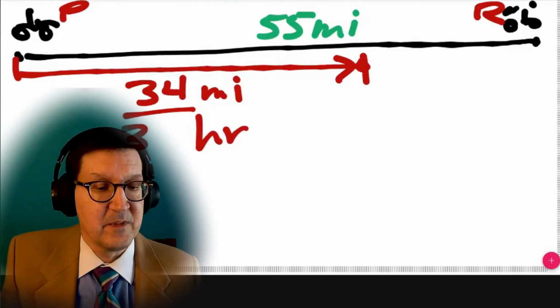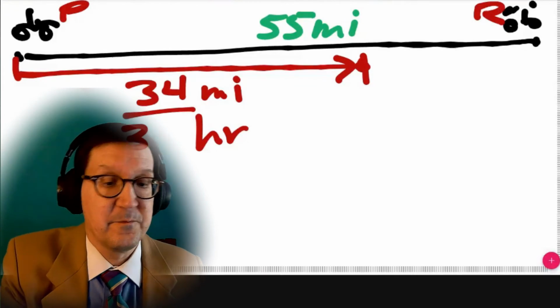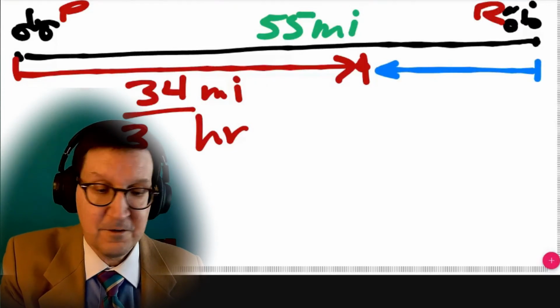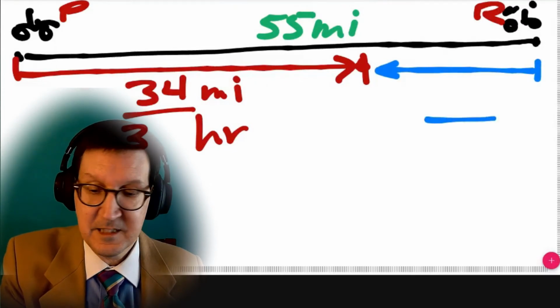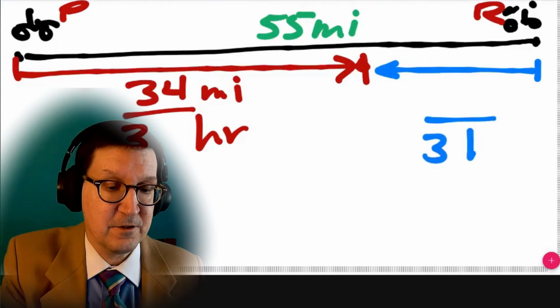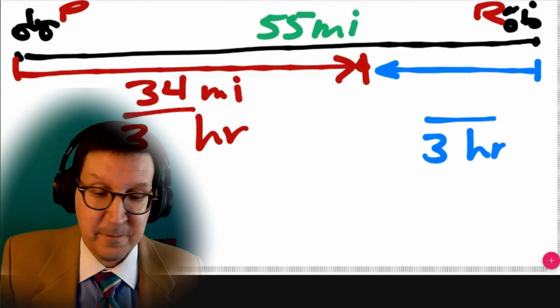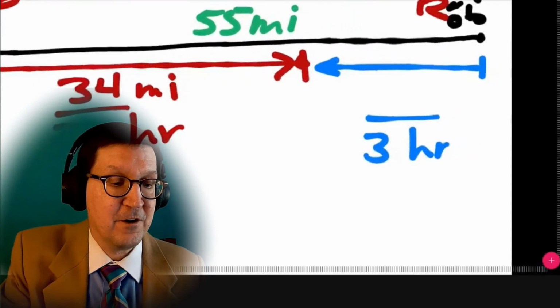Okay. Now Ravi, on the other hand, he goes whatever this distance is. We don't know how far that is, but we know that he took 3 hours to do it. So, first of all, how far did he go?